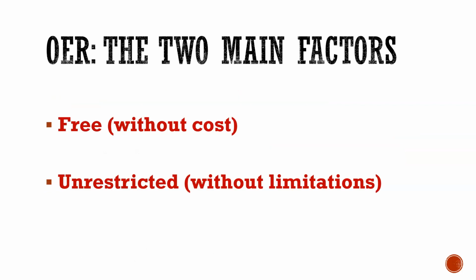Again, breaking that down, the two main factors that make an educational resource an open educational resource are this free concept, or without cost, and this unrestricted concept, this open concept, which means we can utilize these resources without the limitations that you normally find in a proprietary textbook.